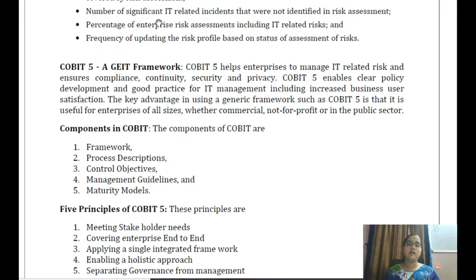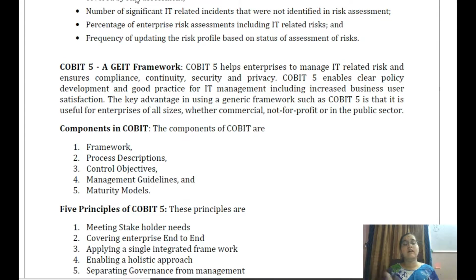Now let us see what the components of COBIT 5 are. Before going into the components, a few things we need to remember. COBIT 5 provides a basis to integrate effectively with other frameworks. COBIT 5 is a framework of management guidelines for managing and developing information technology within the enterprise.